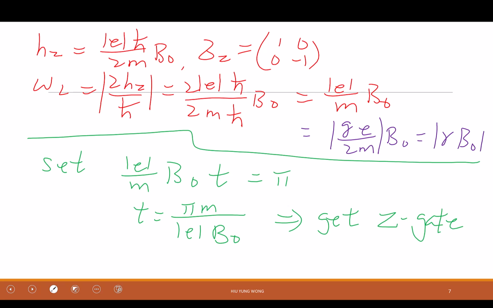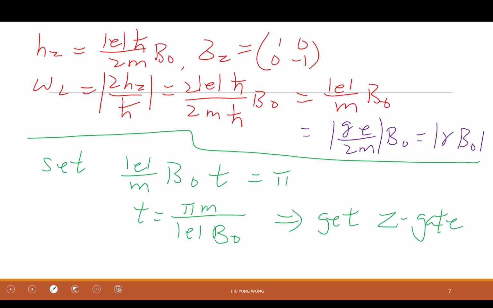Now, I need to admit one thing. This is usually not used. Here it is just for instructional purposes. It's very difficult to turn a large DC magnetic field on and off quickly enough, as far as I know, though I'm not an experimentalist. But the Z gate usually needs no implementation, because you can do a so-called virtual Z gate.